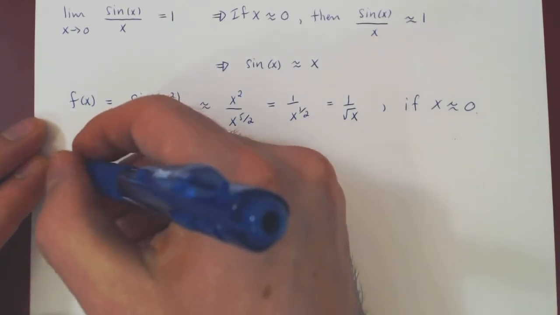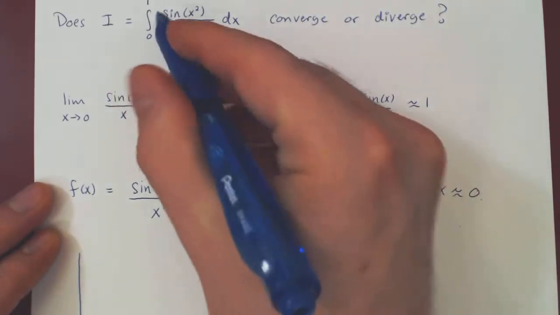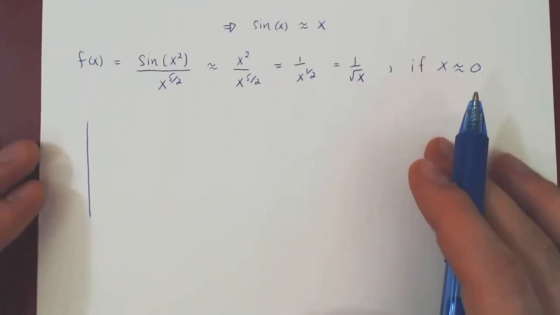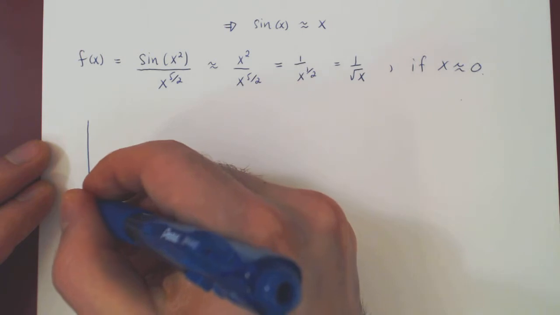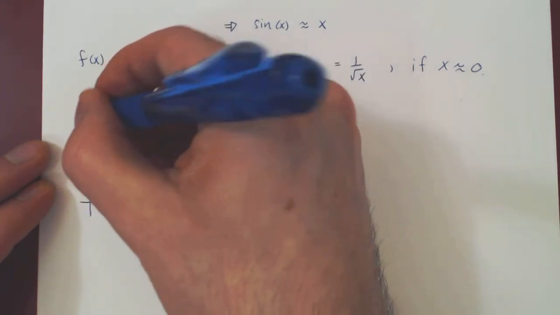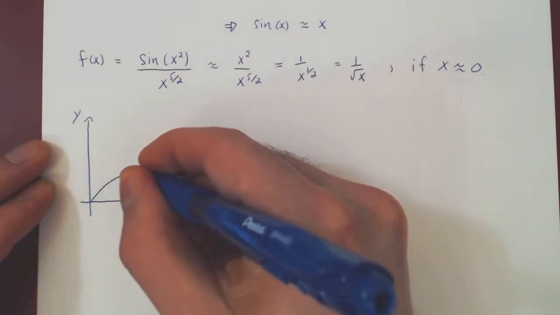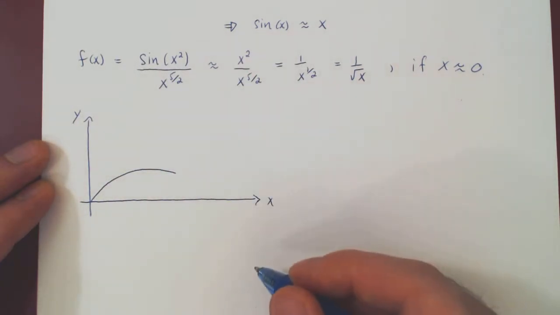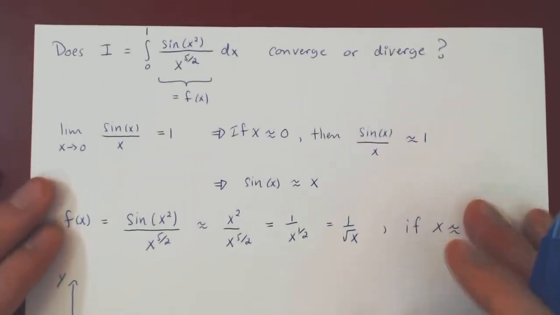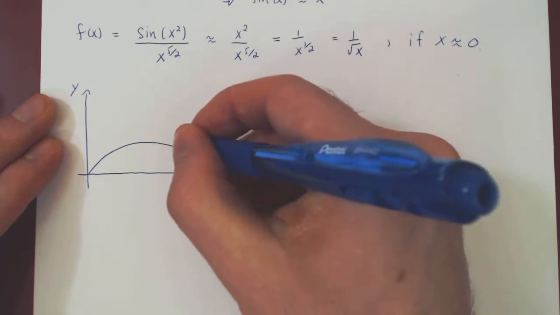So look at the graph of sine, and again the point of interest is near 0. And we're only interested in sine of x between 0 and 1.